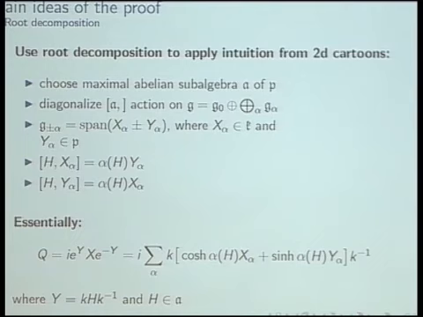This gives you an eigenspace decomposition, where alpha are the eigenvalues. Each eigenspace has a K part and a P part, which I denote by X alpha and Y alpha. And X alpha plus Y alpha is an eigenspace and X alpha minus Y alpha is an eigenspace. Now an element H of A acts as follows: the commutator of H with X alpha just produces alpha of H, the eigenvalue, times Y alpha, the other element in P. And the opposite way, the commutator of H with Y alpha just produces alpha of H times X alpha.